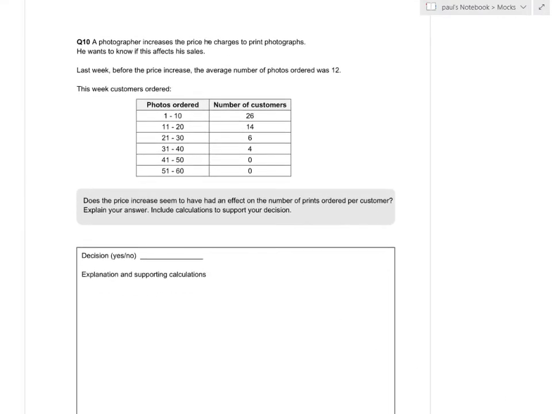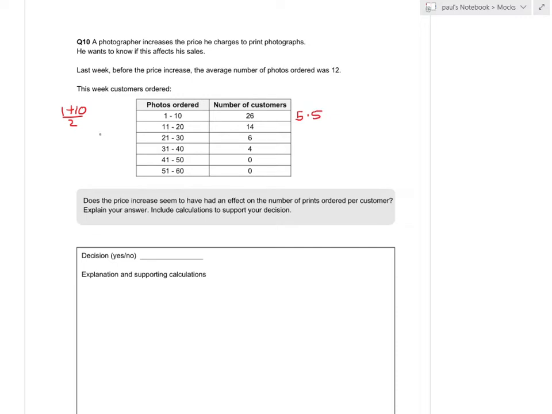A photographer increases the price he charges to print photographs. Last week, before the price increase, the average number of photos ordered was 12. This week's customers. Does the price increase seem to have an effect? Right, so we've got to do a midpoint of the photos ordered. Now the midpoint is going to be 1 plus 10 divided by 2, which is 5.5.